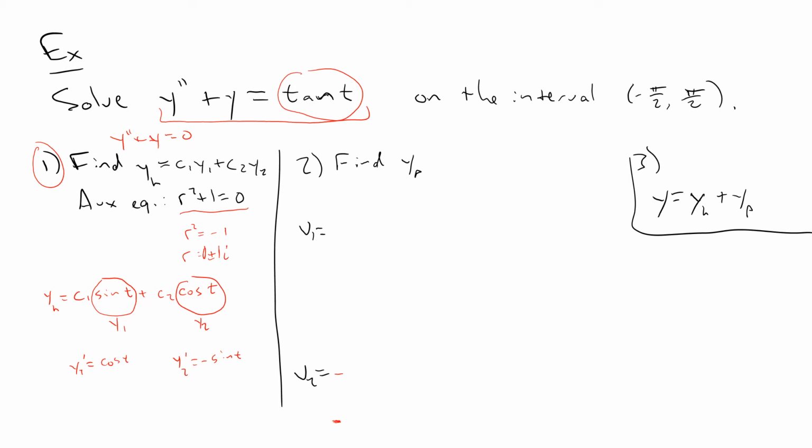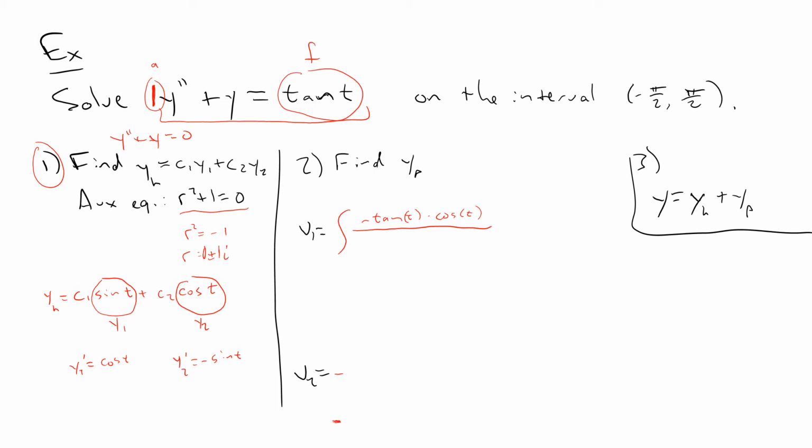So looking back at your formulas, v1 is the integral of negative f times y2, and in this case f is the tangent function, so negative tangent t times y2, which in this case is cosine, divided by a. Remember, a was our coefficient on y double prime. In this case, a is 1.